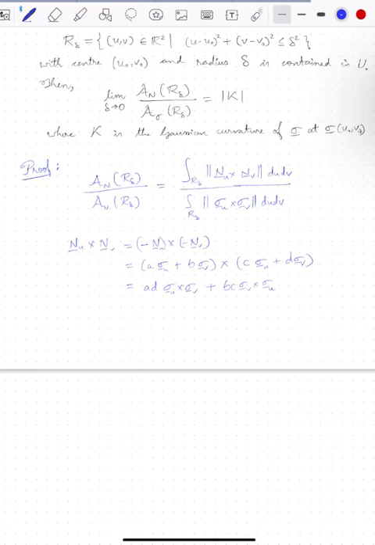And b sigma v cross d sigma v is just 0. So all that we have is ad minus bc times sigma u cross sigma v. And recall, this is the determinant of the Weingarten map, which is essentially F1 inverse times F2.